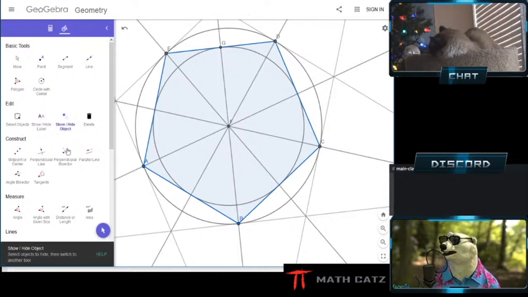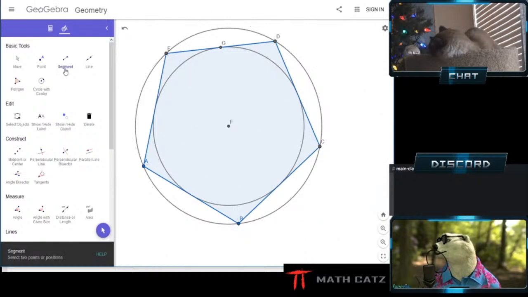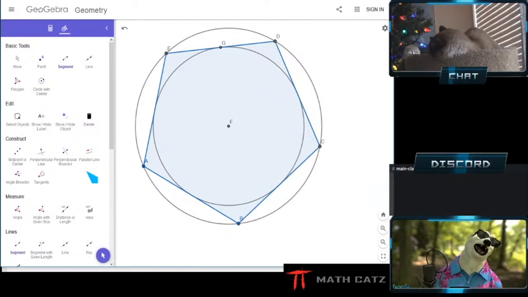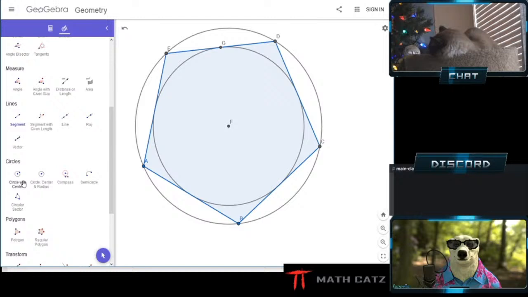I will not give you any more marks for using the shortcut tools in this section, because the question will say use only a straight edge and a compass, which means the only tools you can use are straight line drawing tools, segment or through line, and circle drawing tools, compass or circle with center that expands to make the inscribed circle a little bit easier.